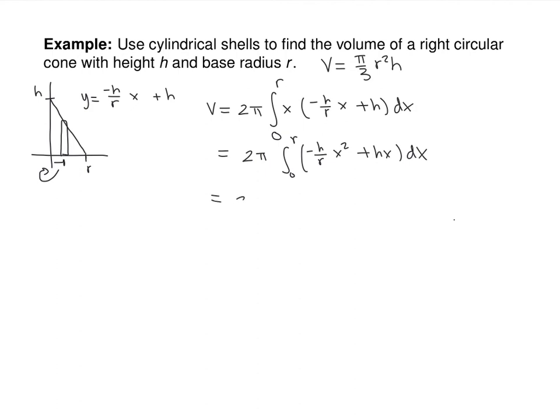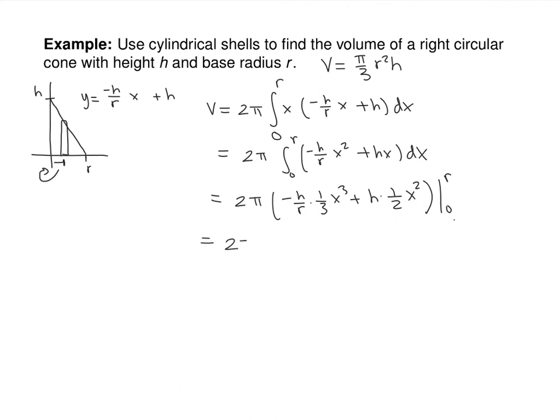Now the antiderivative will be negative h over r times 1/3 x cubed plus h times 1/2 x squared, evaluated from 0 to r. Now plug in your stuff.